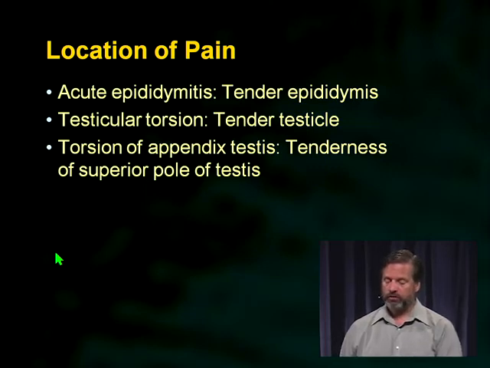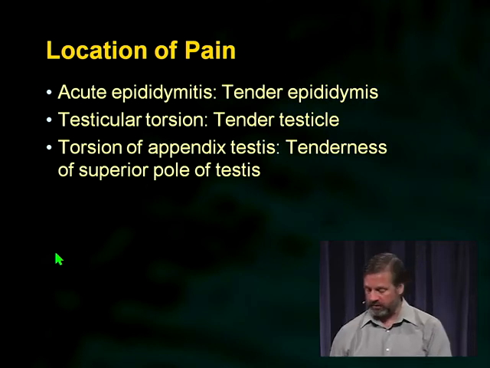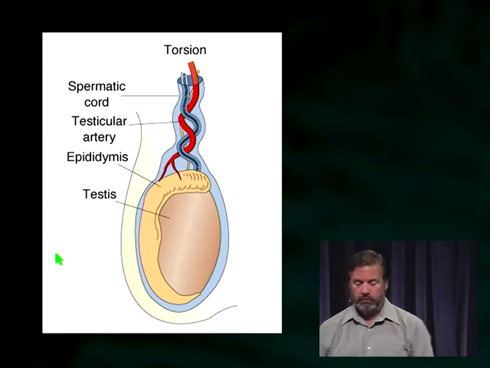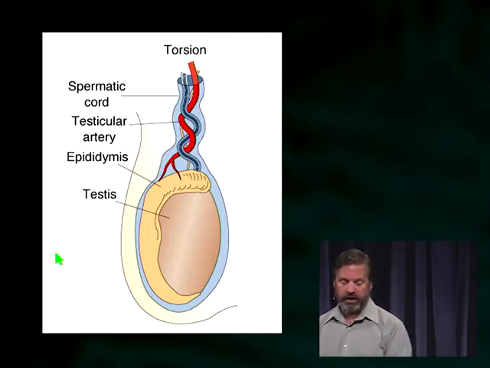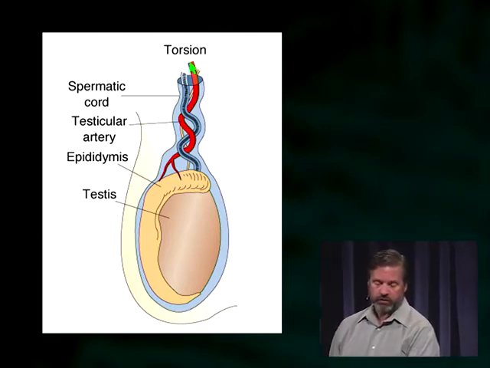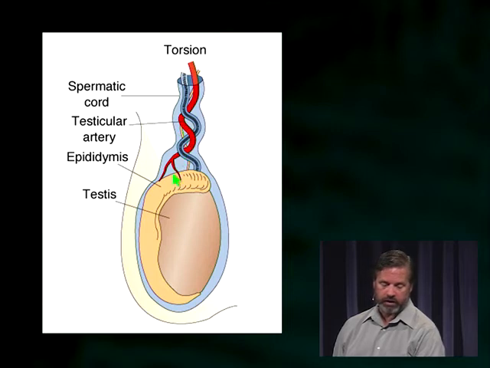And then torsion of the appendix of the testis, you're usually going to have some tenderness about the superior pole of the testis, but not the testicle itself. And so here's a schematic representing torsion, and you can see the concern obviously here is with the compromise of the arterial blood supply to the testis. Here's the epididymis, and so in epididymitis, that's where you're going to have the tenderness.